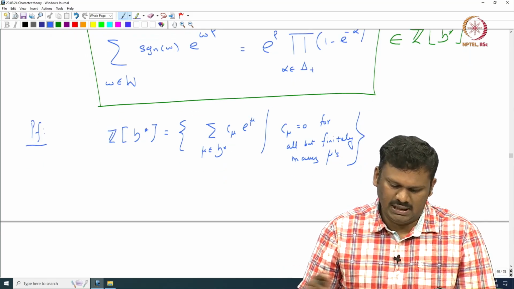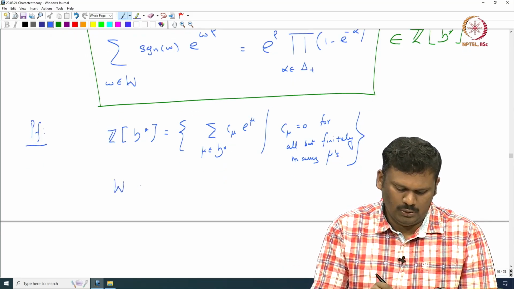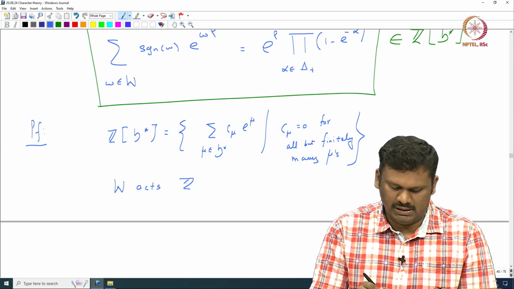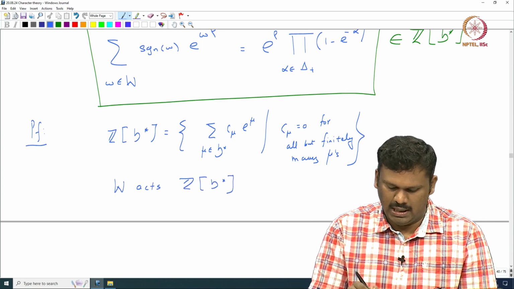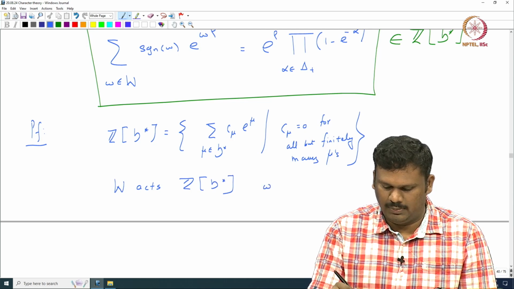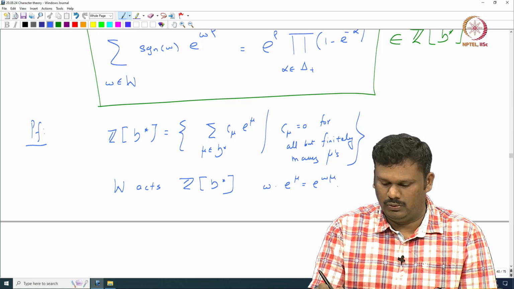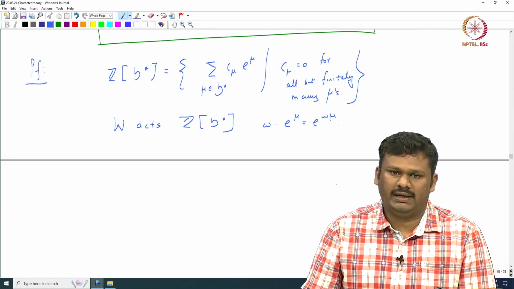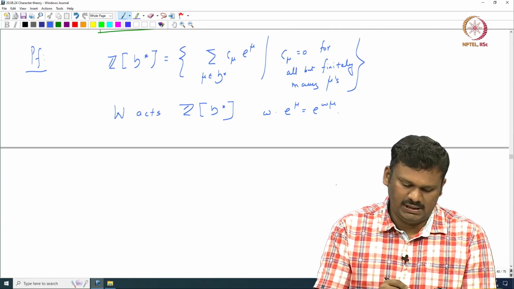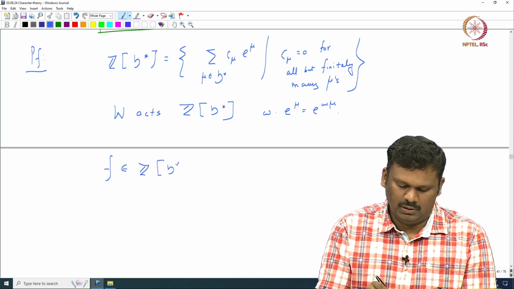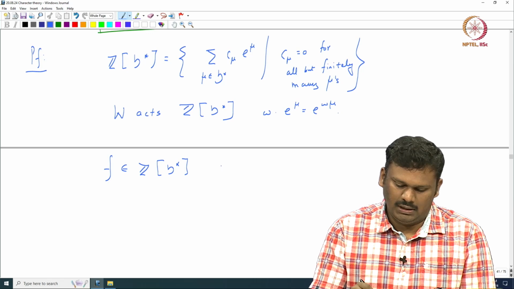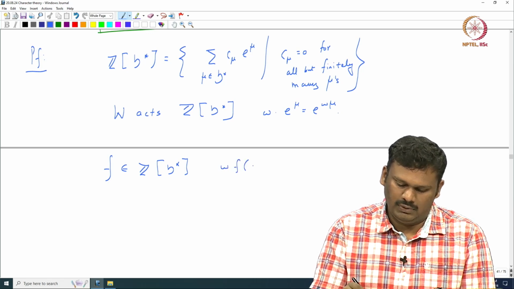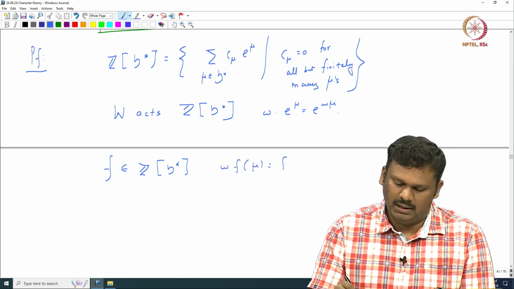Now it is easy to see that W acts on Z H star as follows. You apply W on e power mu to get e power W mu. If you want to write it in terms of functions, thinking of f as a function in Z H star, then W f of mu is given by f of W inverse mu.